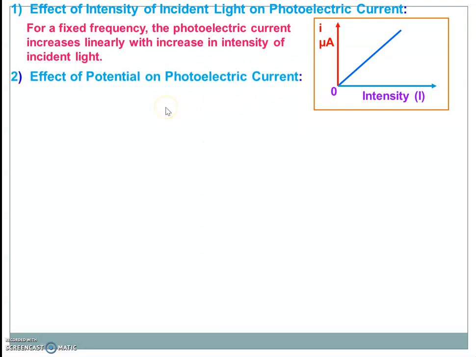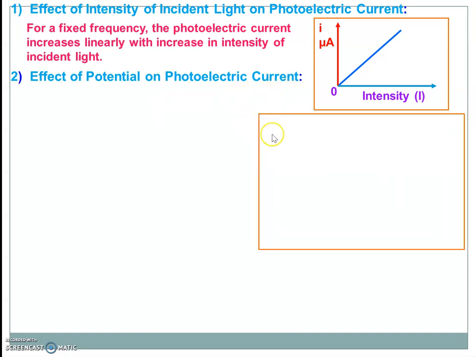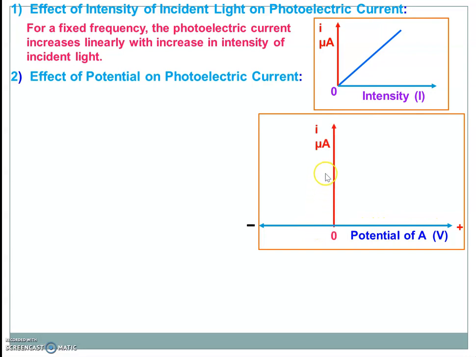Next effect is potential. Effect of potential on photoelectric current. Again, for this we have to draw a curve. For this we have drawn here a curve, keeping the x-axis for potential and the y-axis for photoelectric current.